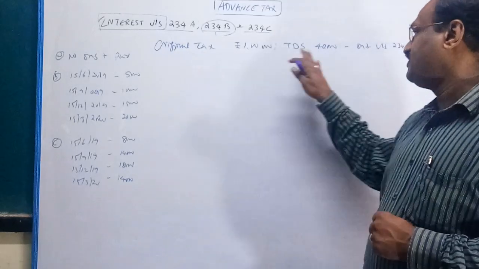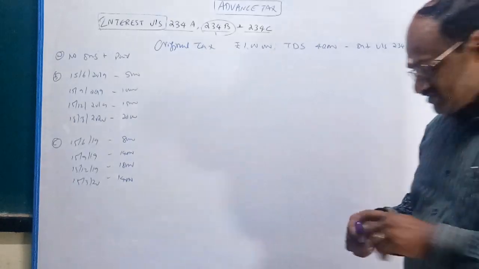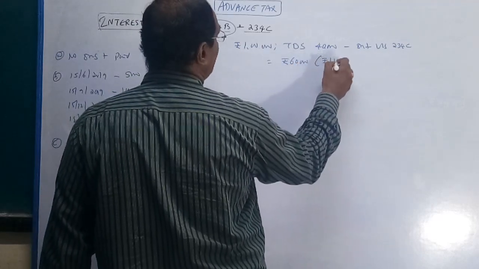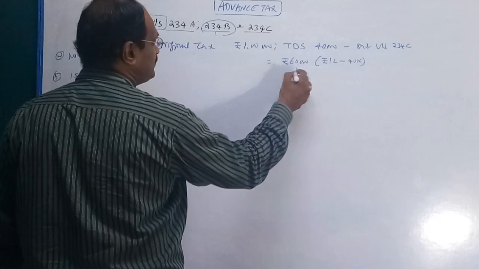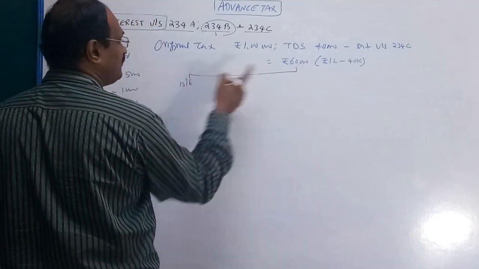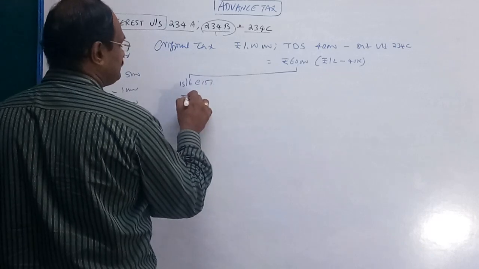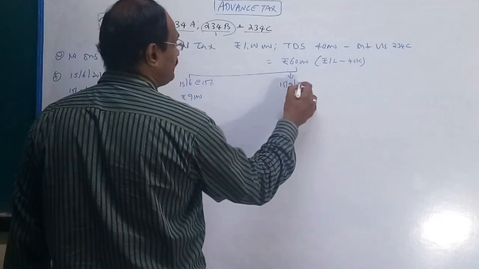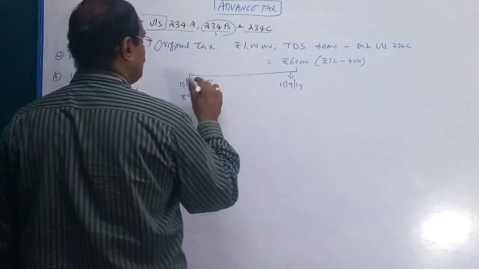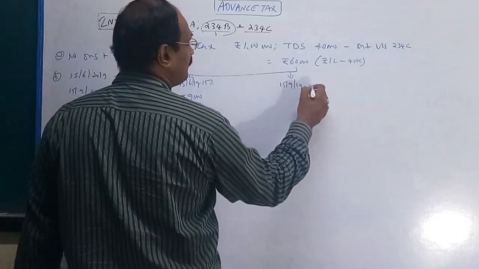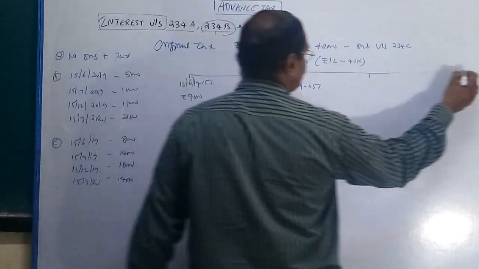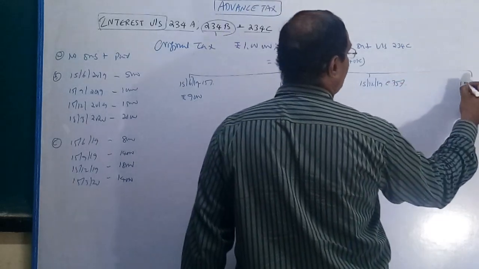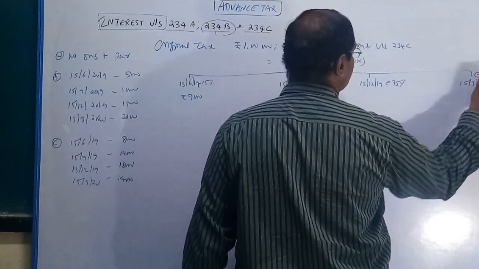What is the assessed tax? 1 lakh minus 40,000, that is 60,000. For 60,000: 15 June, 15%; 15th September 2019, 45%; 15 December 2019, 75%; and 15 March 2020, 100%.